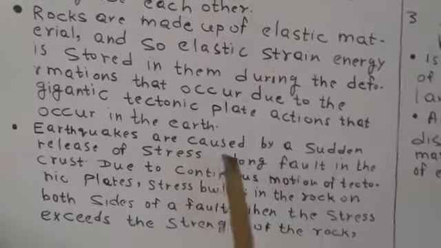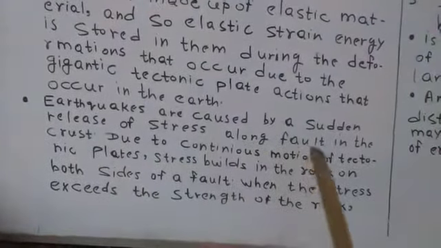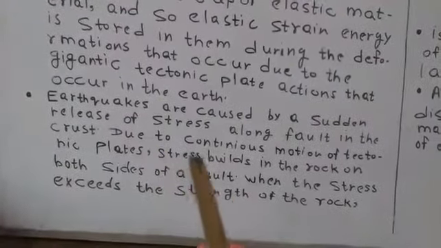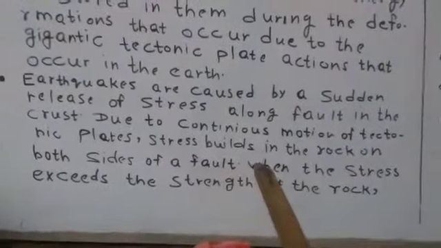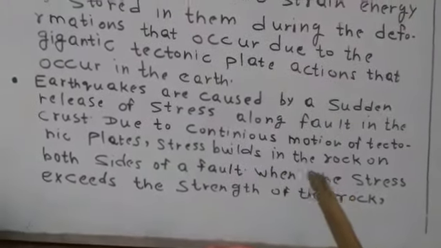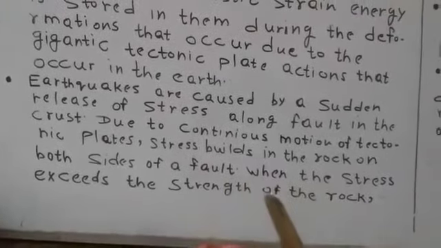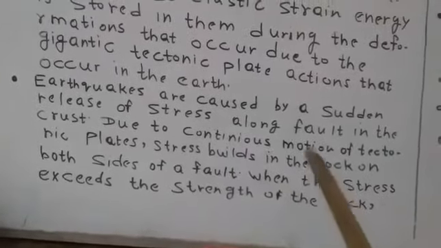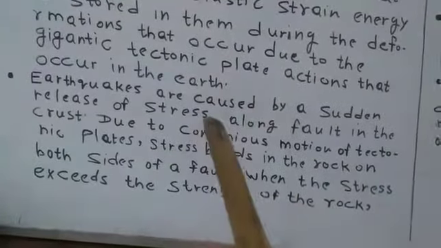Earthquakes are caused by a sudden release of stress along a fault in the crust due to the continuous motion of tectonic plates. Stress builds in the rock on both sides of the fault. When the stress exceeds the strength of the rock, the earthquake is caused by the sudden release of stress.